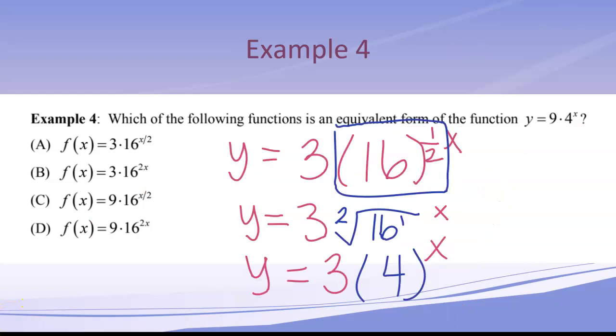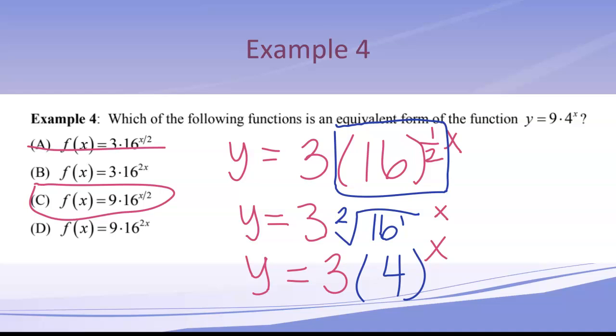So here is what I'm left with. 3 times 4 to the power of x is equivalent to this first answer option, A. And I am trying to make it match this one. So I have one piece that's working out, right? That 4 to the x is the same, but I need it to have a 9 in front. So it's not going to be this option here. It is going to be C, because really the only difference between A and C was that number in front.